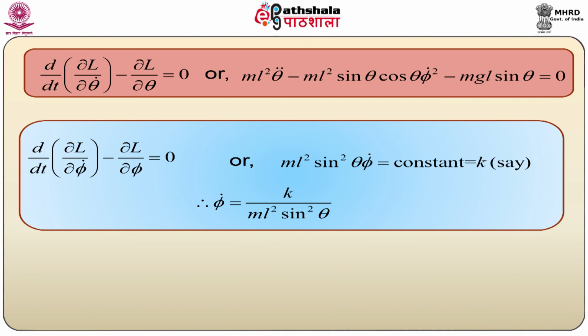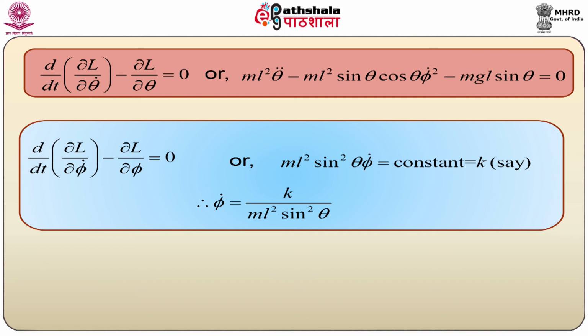Now, Lagrange's equation of motion corresponding to coordinate theta is given by d/dt of del L del theta dot minus del L del theta equal to 0. Substituting the values of these partial derivatives, we get this equation. This is the Lagrange's equation of motion corresponding to the theta coordinate. In a similar fashion, we can obtain the corresponding Lagrange's equation of motion for the phi coordinate.